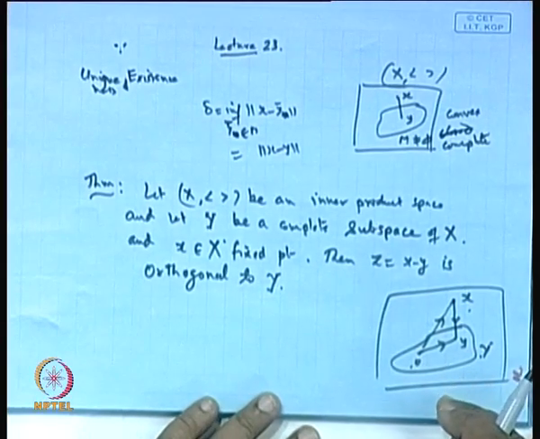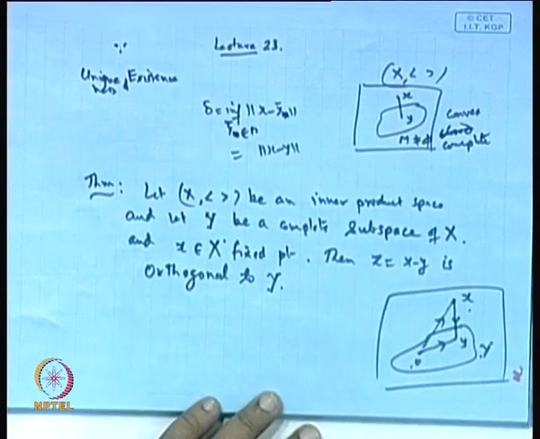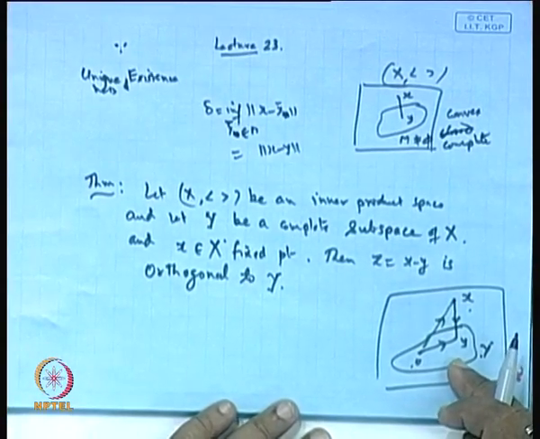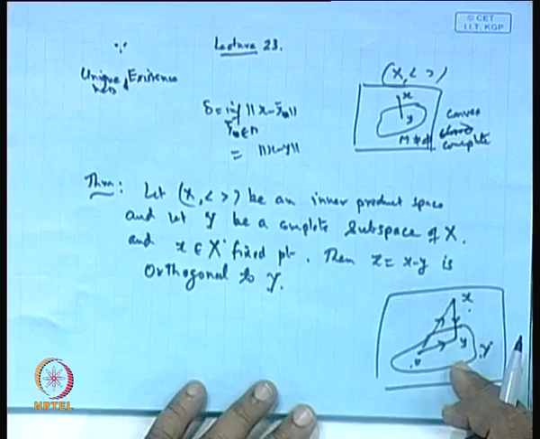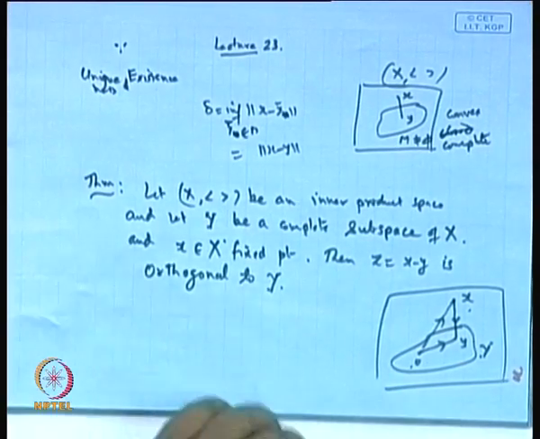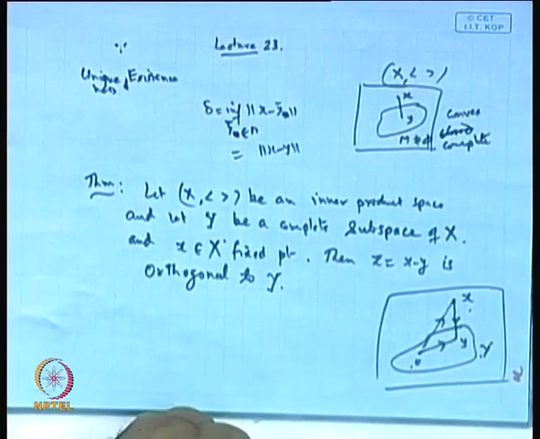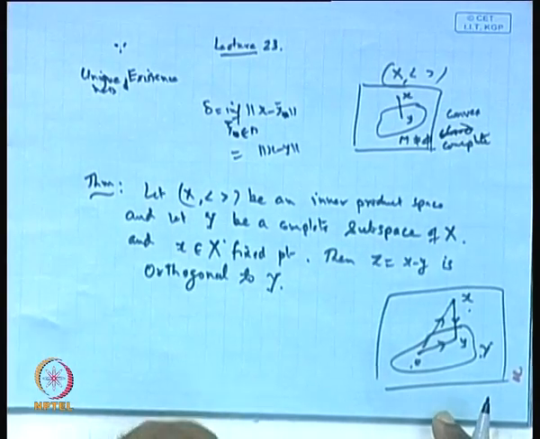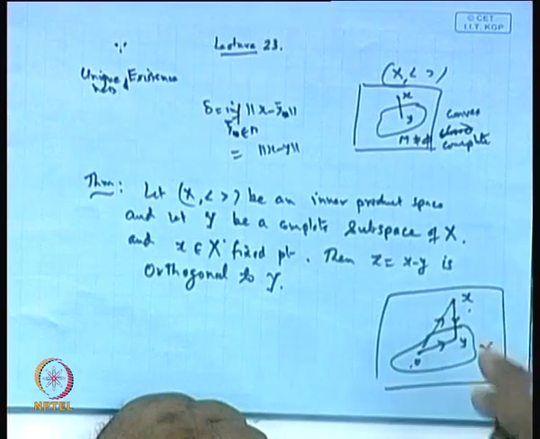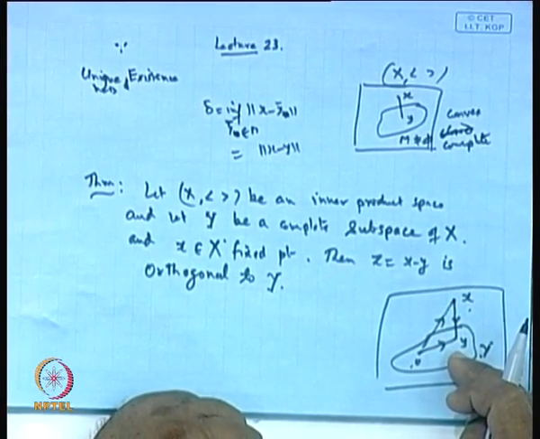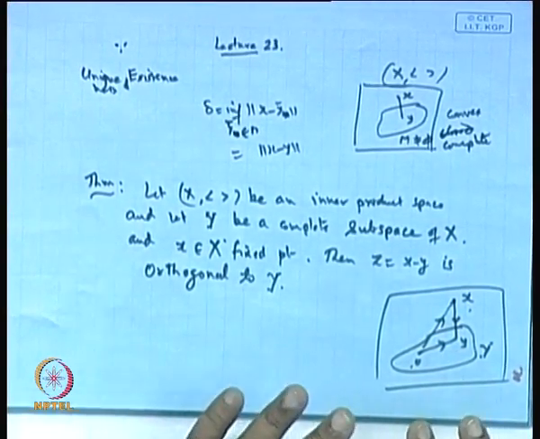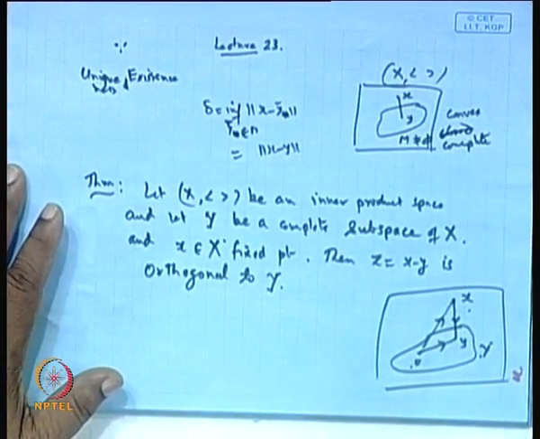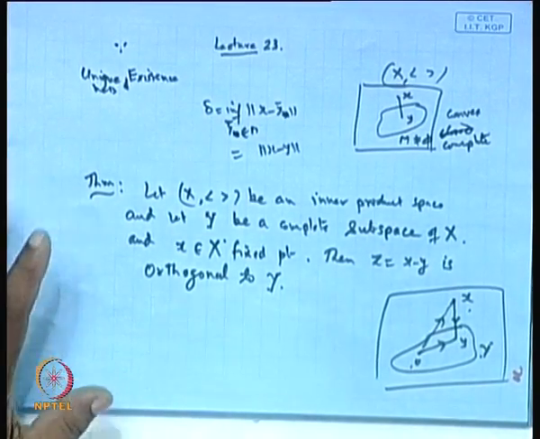This confirms our previous hypothesis that if we want to find the shortest distance from a point x to the set M, it can be obtained by dropping a perpendicular from x to that point, is it not? So, that gives the confirmation for that hypothesis which we had in mind, clear.